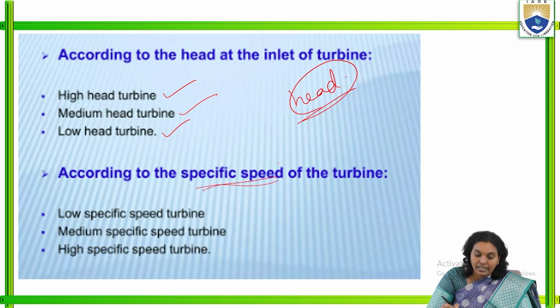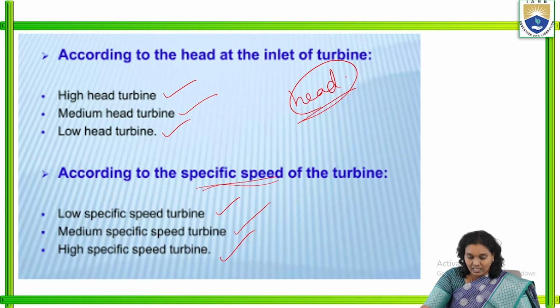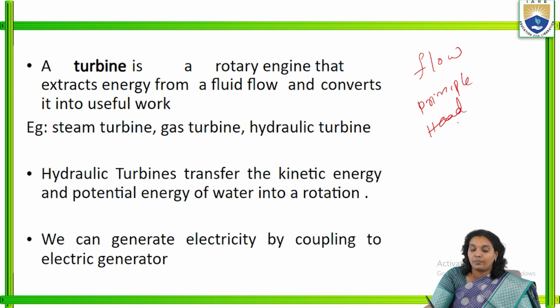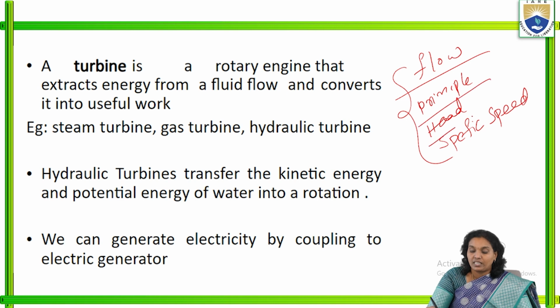Coming to the specific speed, based on that we have low specific speed, medium specific speed and high specific speed turbines. Like this, the classification of turbines is based on the flow, the principle, the head and the specific speed.